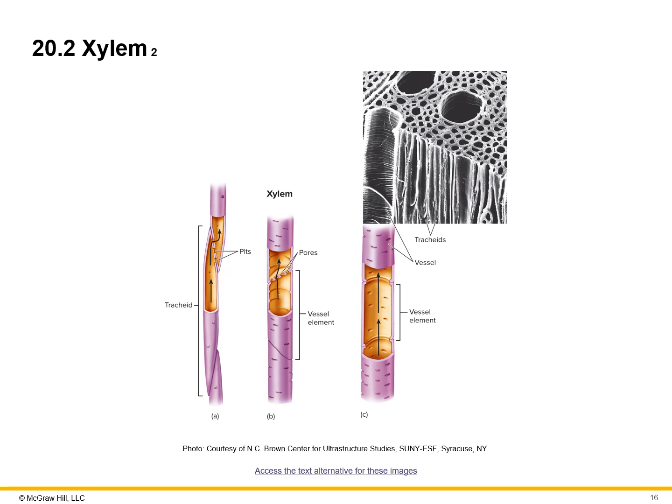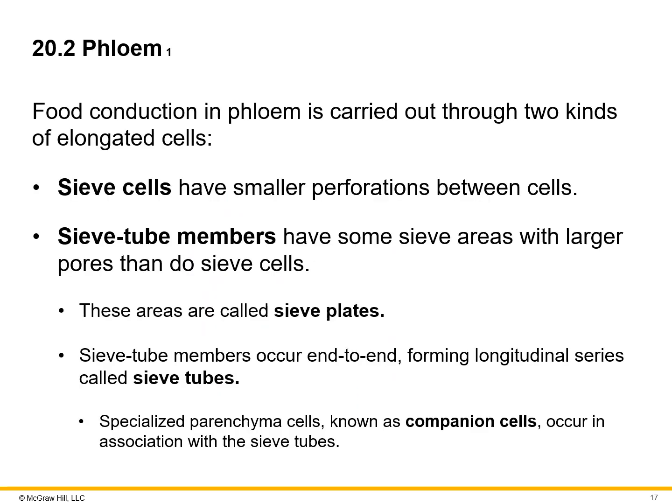So again, the tracheids have this overlapping region with these openings called pits, whereas our vessel elements line up end to end and allow that continuous movement of the water through either the pores or just across the membranes.